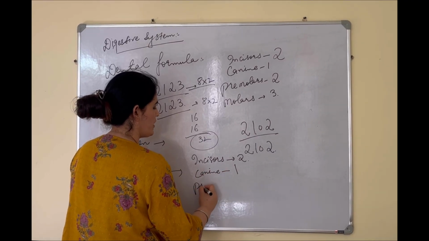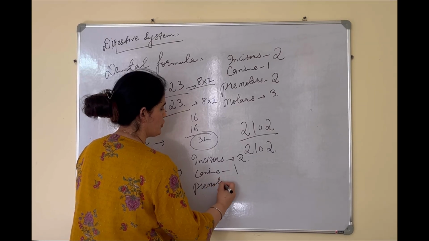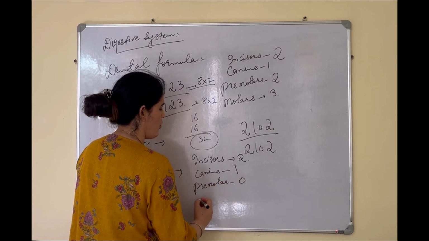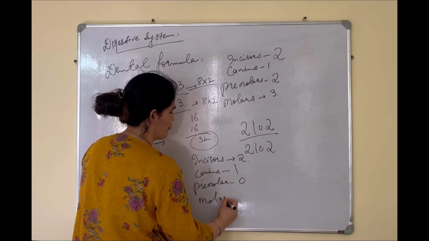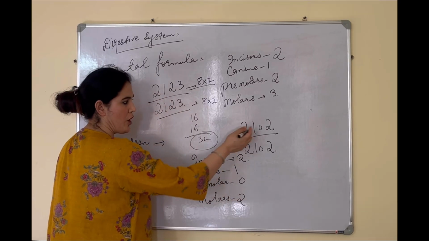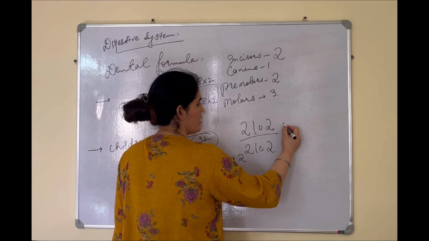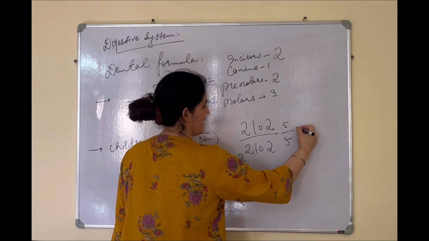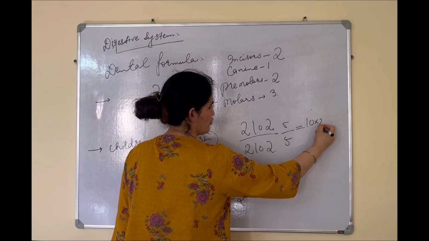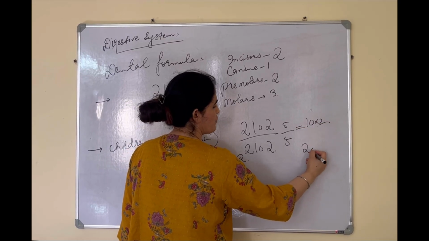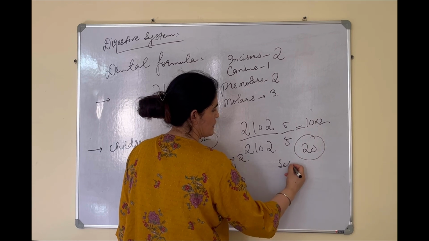Premolars, no premolars in children, zero, and molars we have two pairs. So this is how much? This is 5 upon 5, that is 10, and 10 into 2, upper and lower jaw, it's 20 teeth in children.